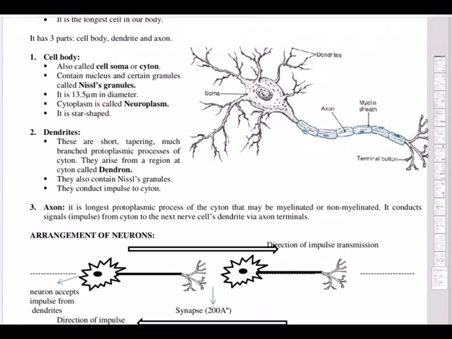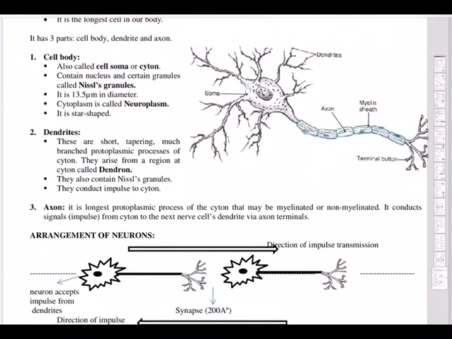Now, what is the importance of this nervous system? Just imagine if there is some error in our physiology, in our anatomy, and the nervous system is not working. It's a pity that we'll be losing all the sensations. Whatever we eat, we don't feel the taste. Even if we eat gulab jamun, we don't know that it is sweet because our sensory neurons are not working.